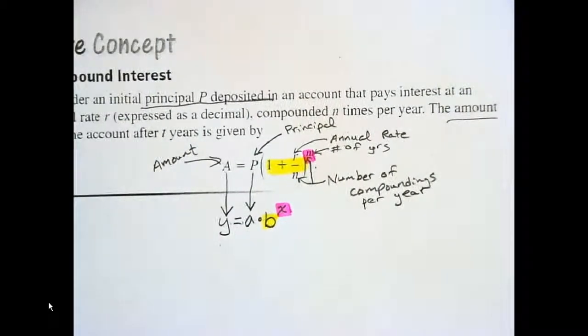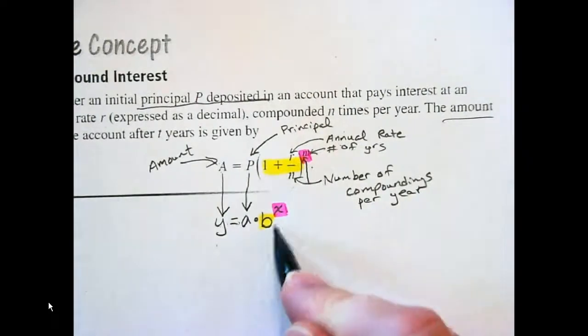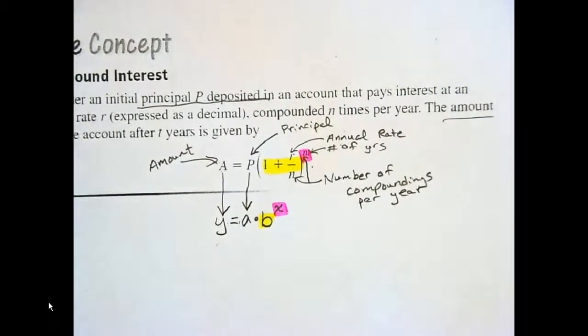So really, we've said that b is our growth factor. If you looked at your previous page, we call it our growth factor. We're going to break that b up.